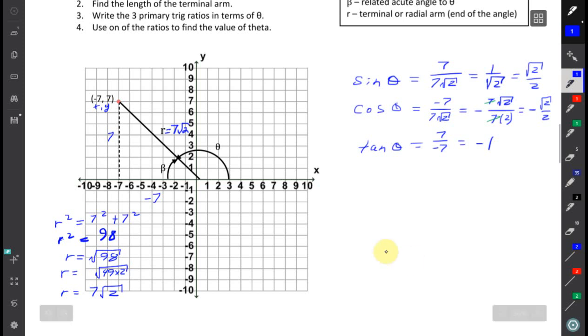And finally it says, use one of the ratios to find the value of theta. We're supposed to use one of the ratios to find the value of theta. So we could use any of these three.